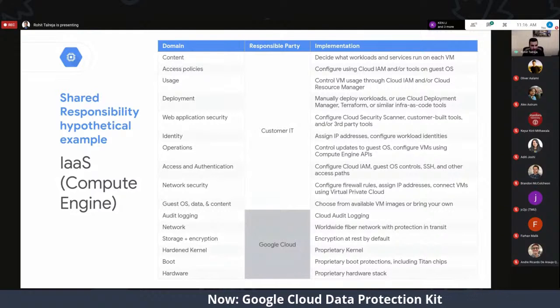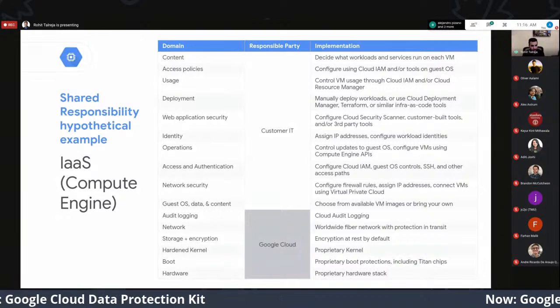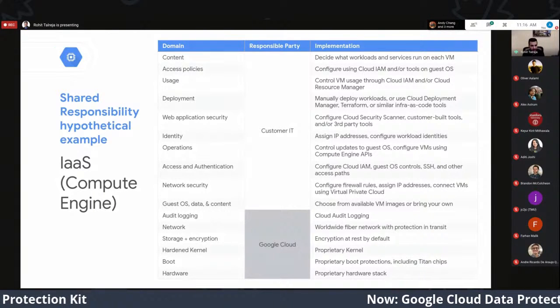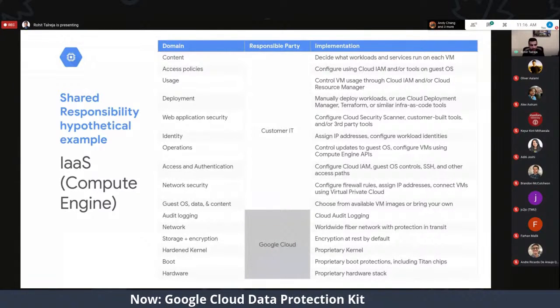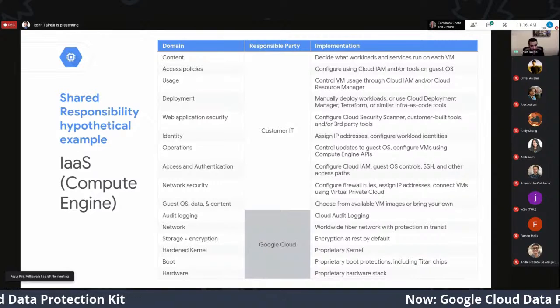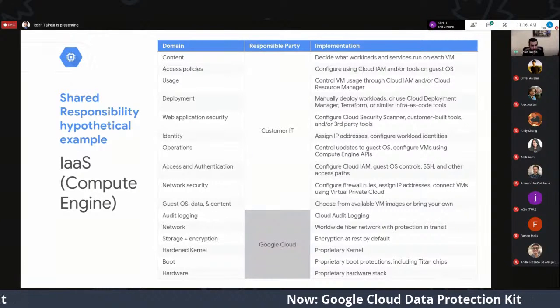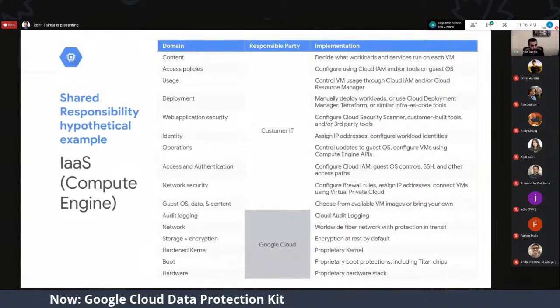We've enabled encryption by default, and we've turned on audit logging by default. And then the amount of control that's afforded to organizations is everything after that. But with that control comes the responsibility to do it correctly. So you'd be responsible for provisioning the appropriate images, firewalls, authentication, and so on.